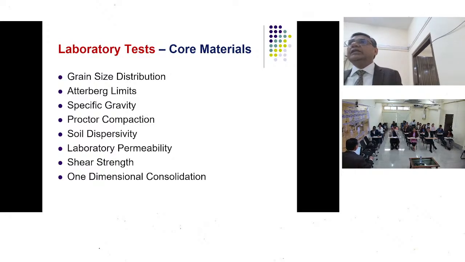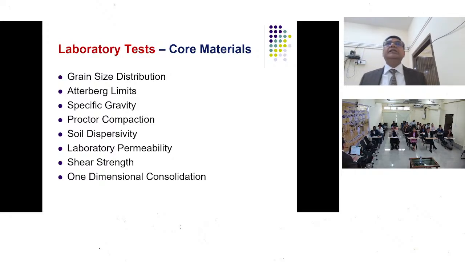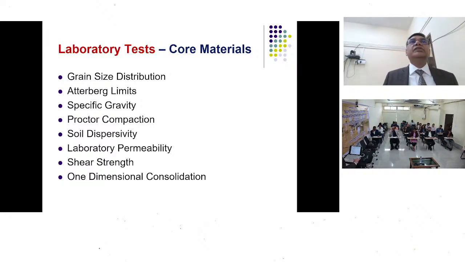So before the construction, all these tests need to be redone, maybe not in that many numbers but a lesser number, to reassess and reassure that we are talking of the same borrow area for which we have done the design.